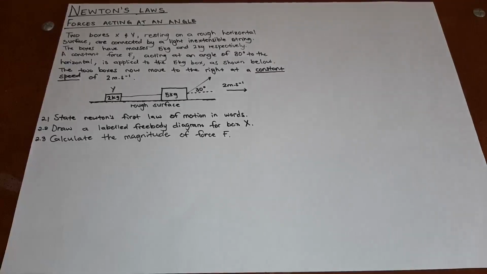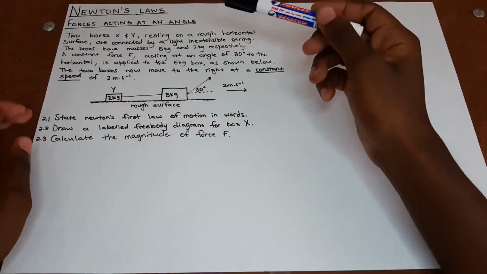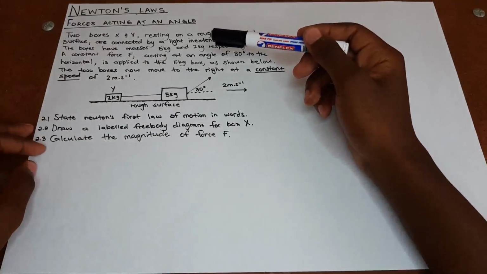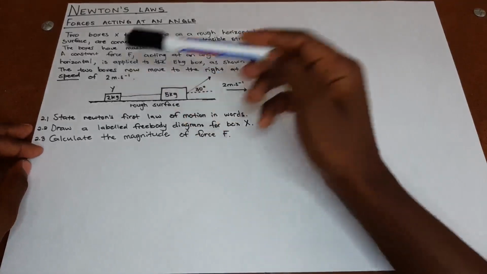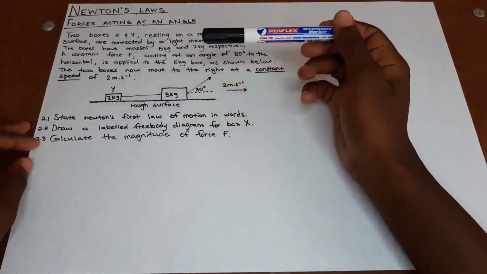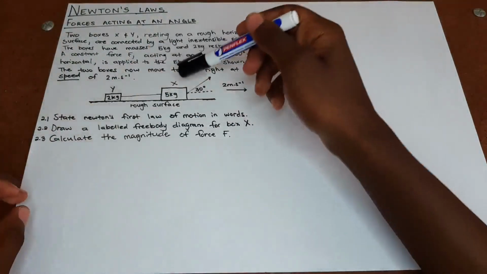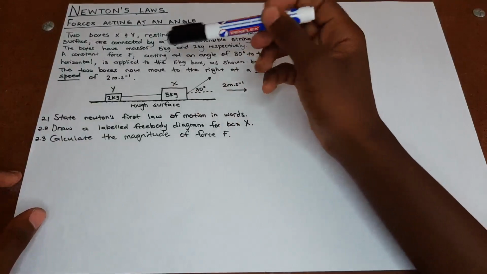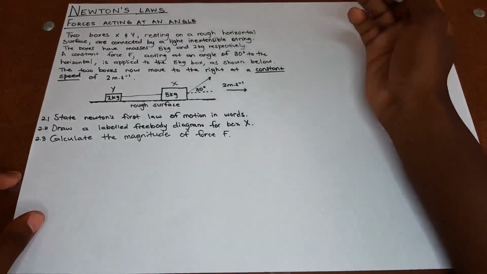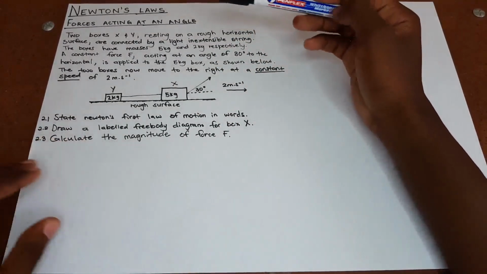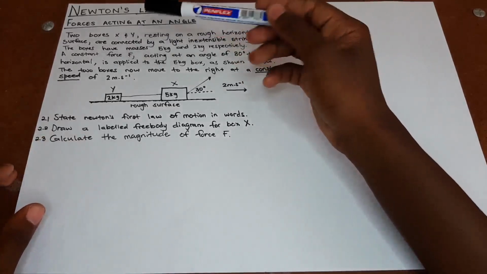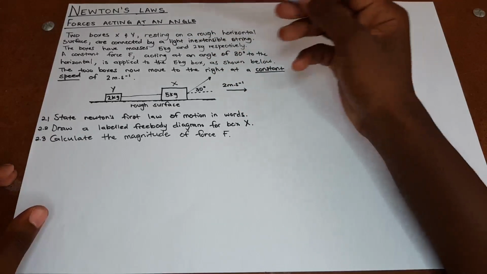Let's get into today's topic. In this case, guys, we are given two boxes, X and Y. Given box X and Y resting on a rough horizontal surface, meaning that they are non-moving objects at this particular point, connected by an inextensible string.